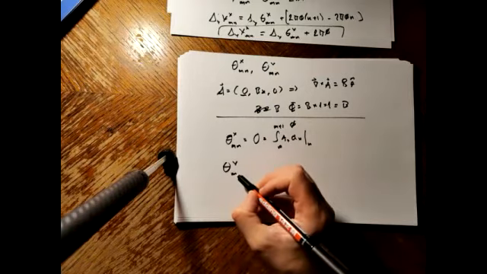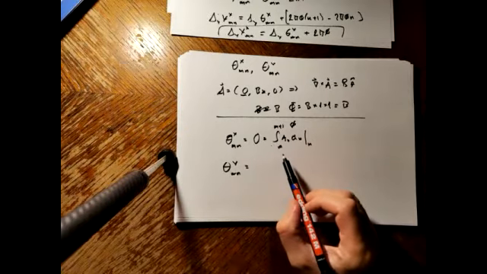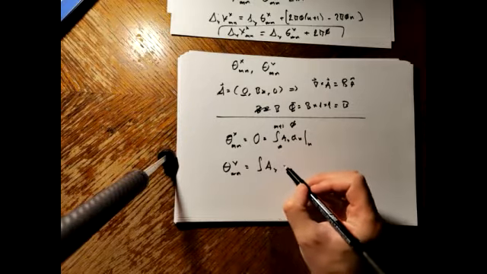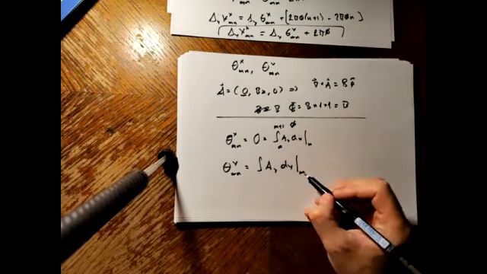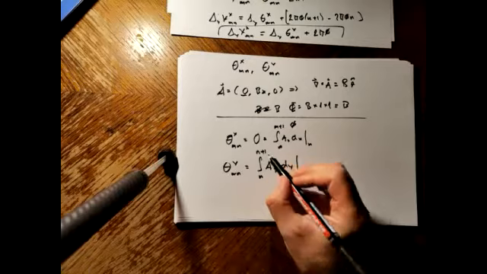And theta y mn is going to be the integral of A y dy, keeping the x component fixed, and the x component is m, and this integral goes from n to n plus 1.